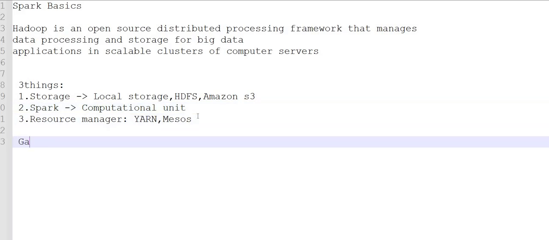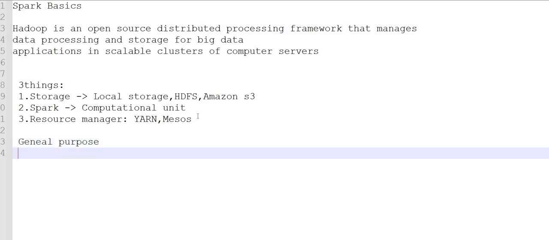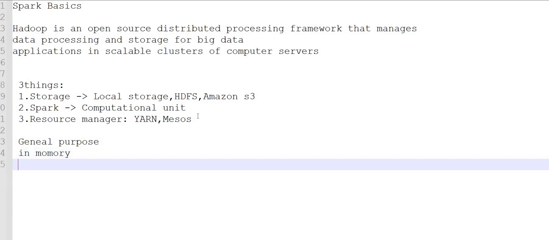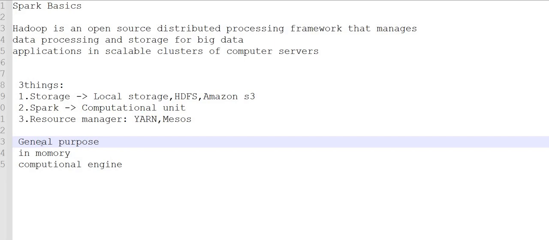The official definition of Spark is a general purpose, in-memory computational unit, or computational engine. What does general purpose mean?